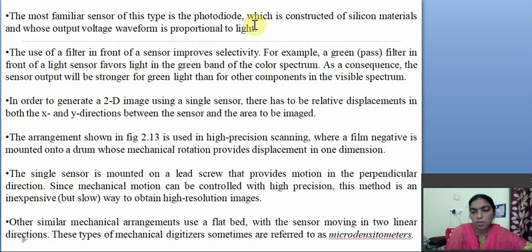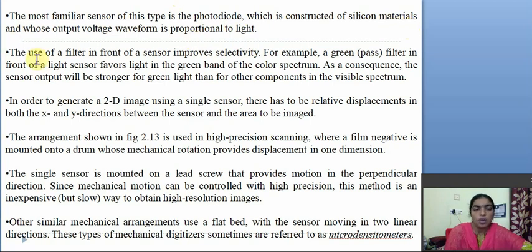Of course, you know that one, a sensor that converts light signals into electrical signals. The photodiode is constructed of silicon materials and its output voltage waveform is proportional to the light.